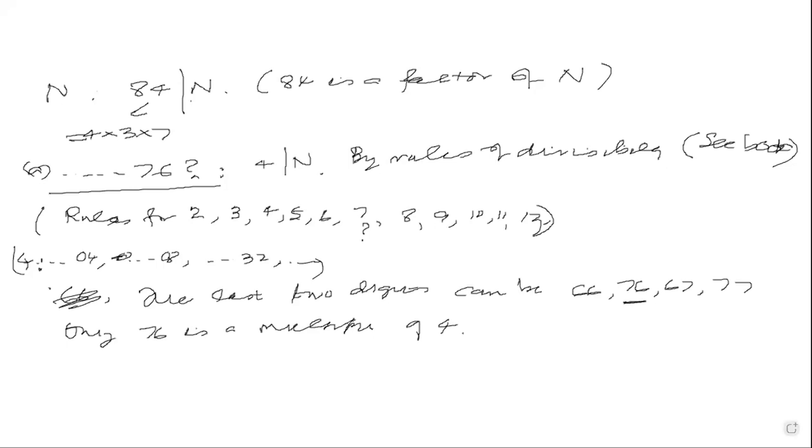The second question is, right, the number of 7s is a multiple of 3.